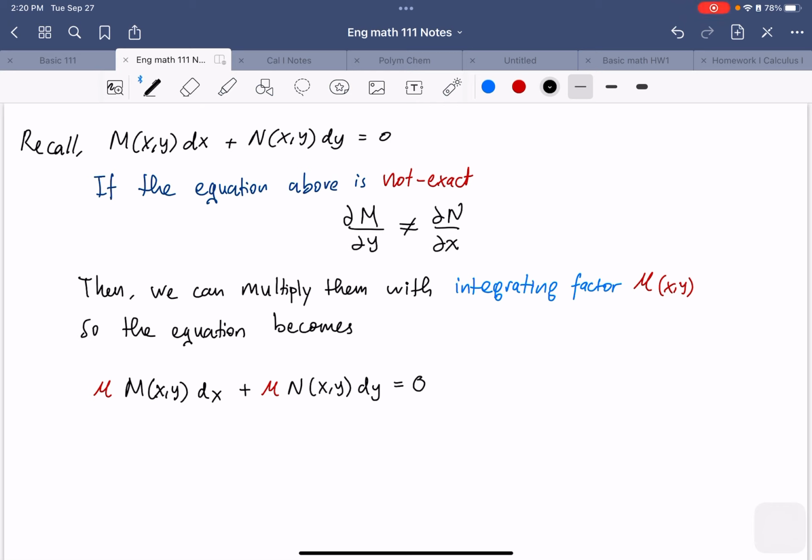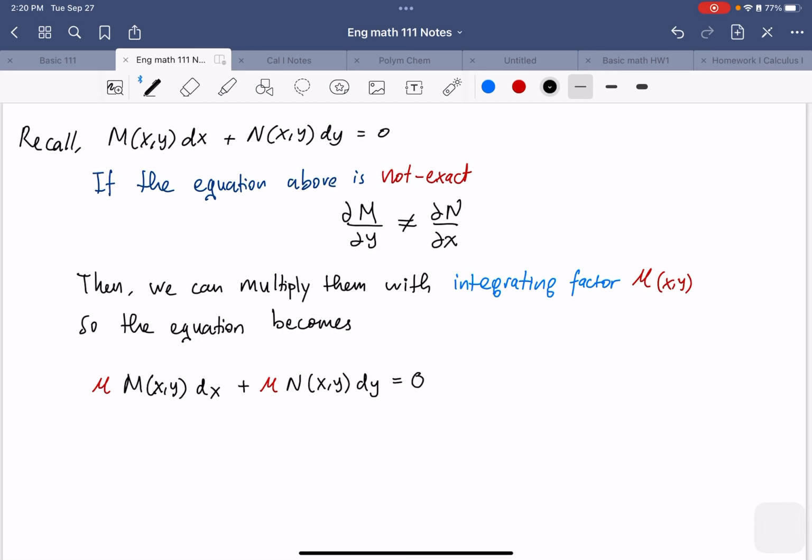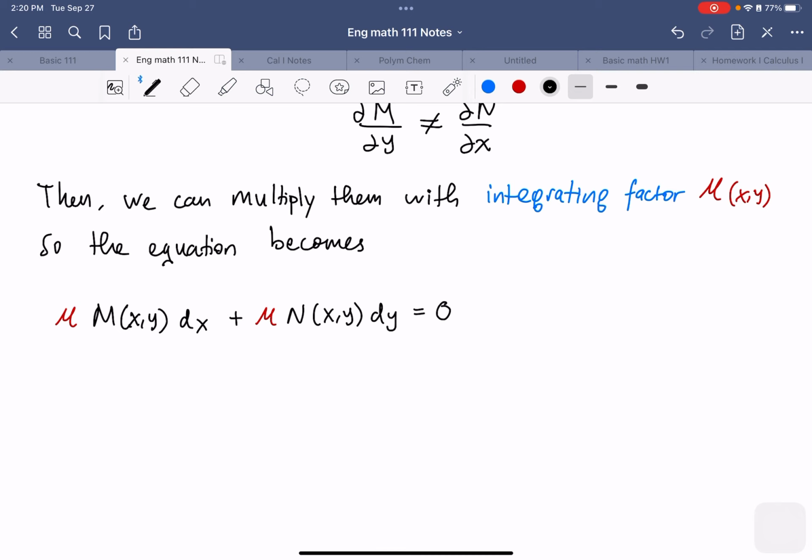Well, let's go back to this. Let's say this is almost an exact equation, and we want these equations to be exact. So the first thing I'm writing here is that we are going to have an integrating factor mu, and we are going to multiply all the elements with this mu.